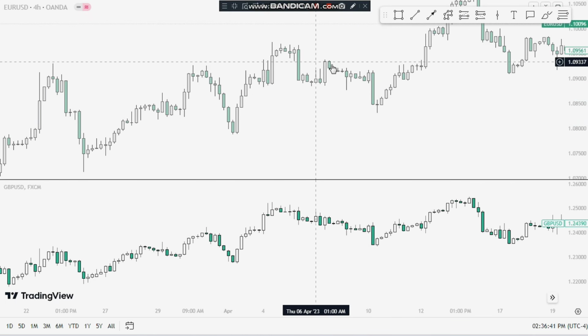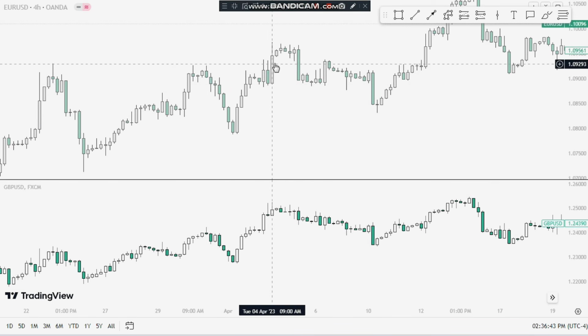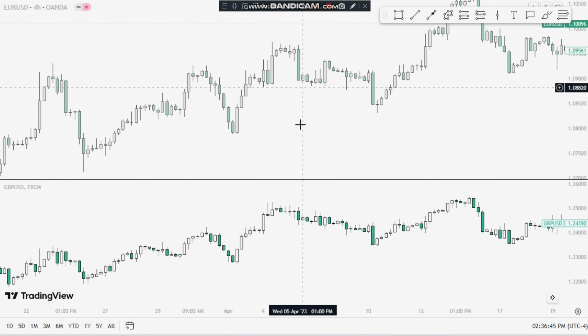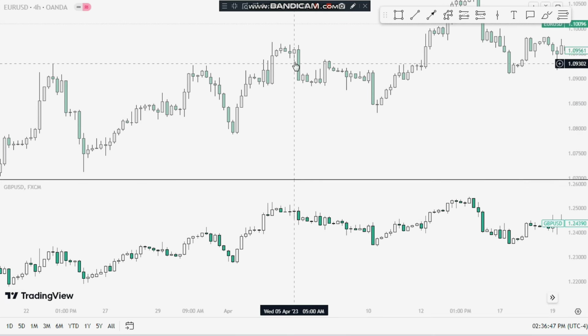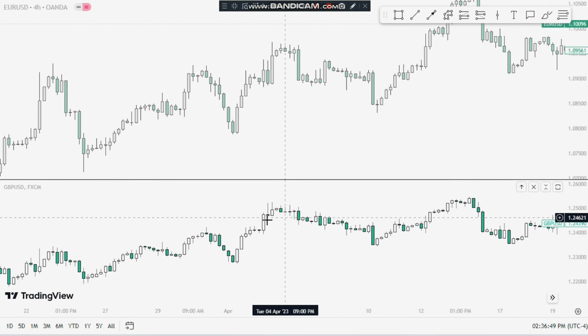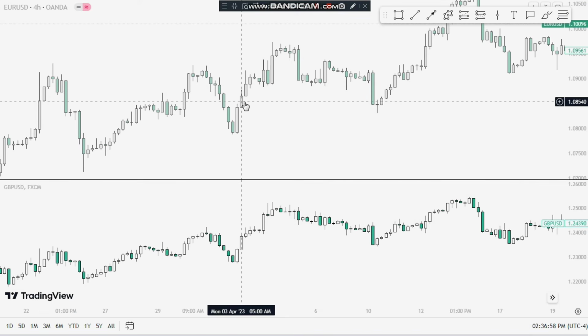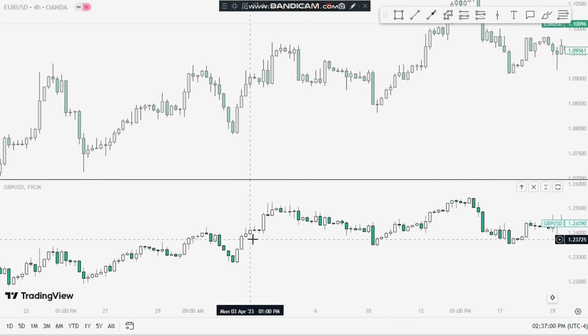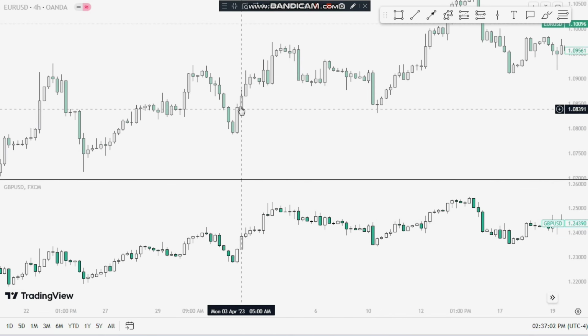Here you can see that the price is going down. Okay, one fair value gap is this one, but you can see that it got filled in both the GBP and the euro, so you don't have to long here, okay, because both of them filled it. Now another fair value gap is this one. You can see that the euro filled this gap. I will draw it.